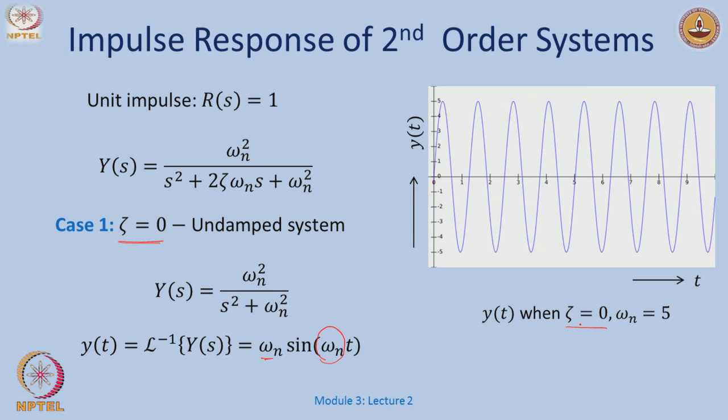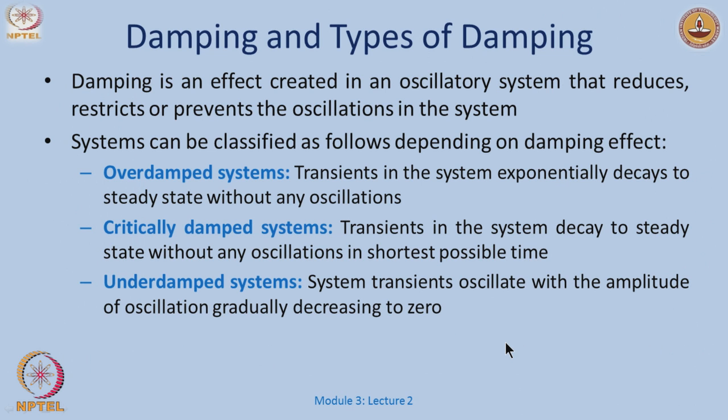Zeta is 0, and if there is no damping, it will oscillate at omega n, and therefore I call this the natural frequency, as defined earlier. So, where did we define that?